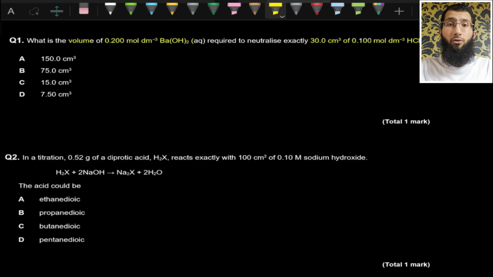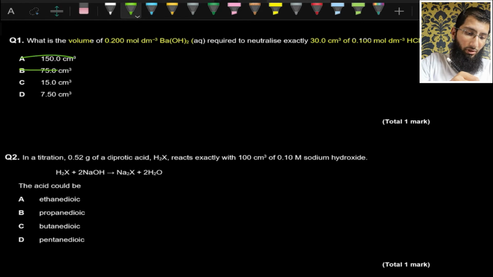So it follows that if barium hydroxide has double the concentration, its volume must be less than 30 centimeters cubed. So it's not going to be A, it's not going to be B, it's going to be either C or D.